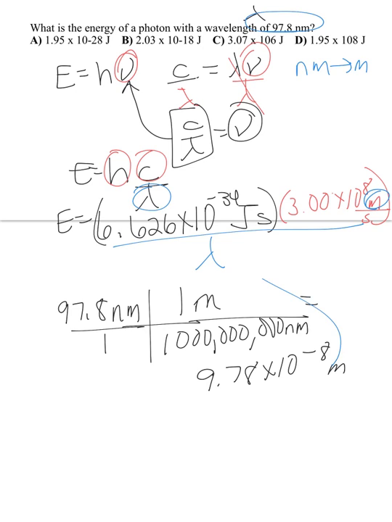And so if you put that in there, you can go ahead and do 6.626. And you need to practice this because calculators sometimes can be tricky when you're first learning how to do exponents.